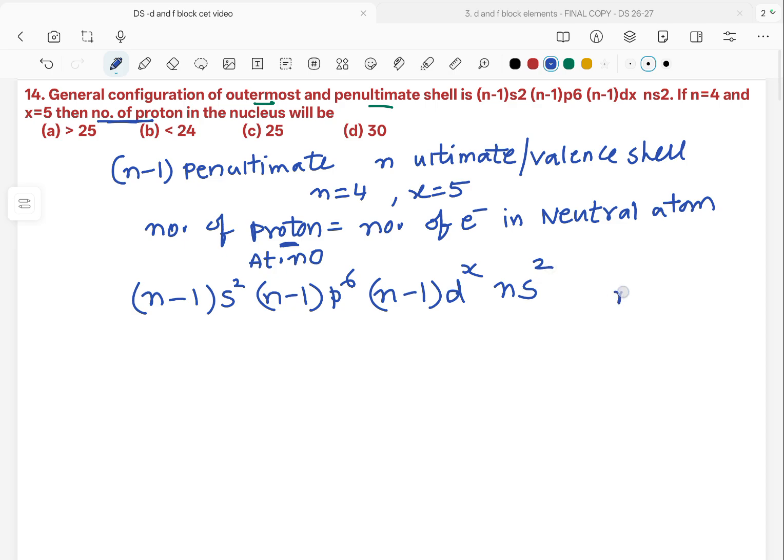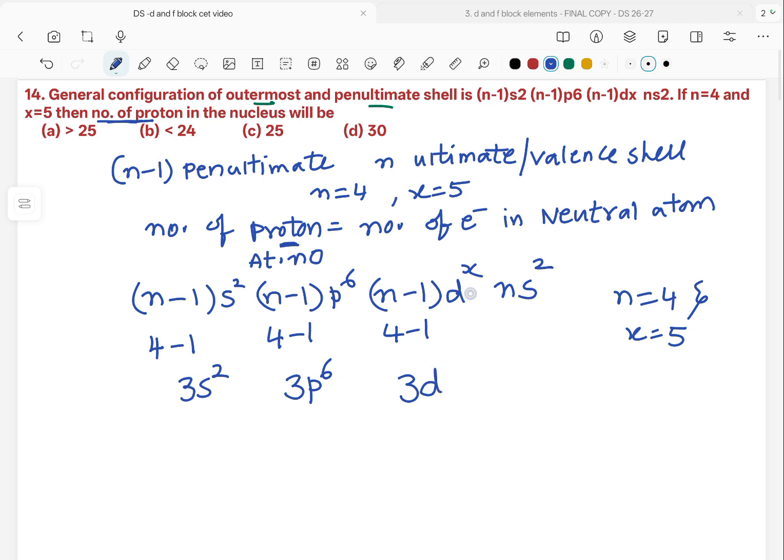When n value is equal to 4 and x value is equal to 5, when we substitute, it is 4 minus 1, that is 3s2, and here also 4 minus 1, that is 3p6, and here 4 minus 1, that is 3d, and the x value is taken as 5, so it is 3d5, and this n value is 4, so 4s2.